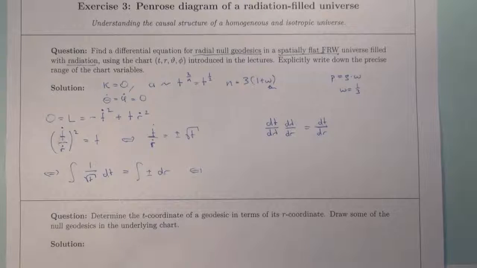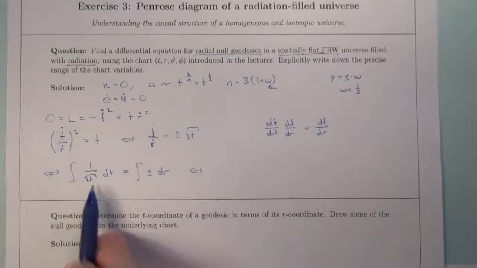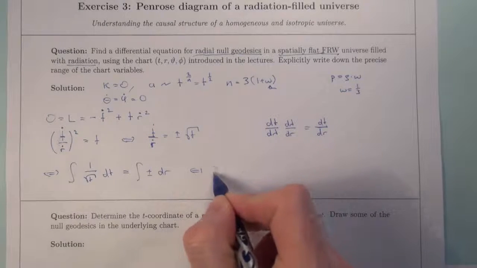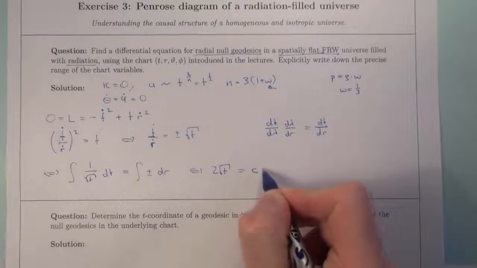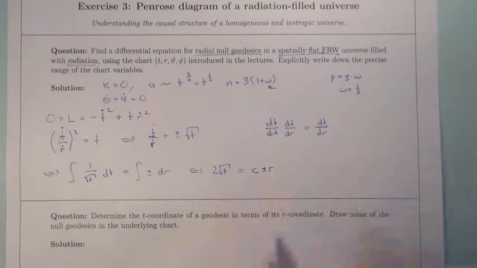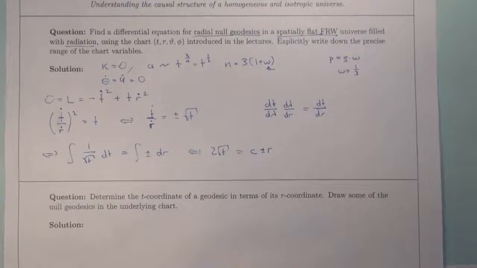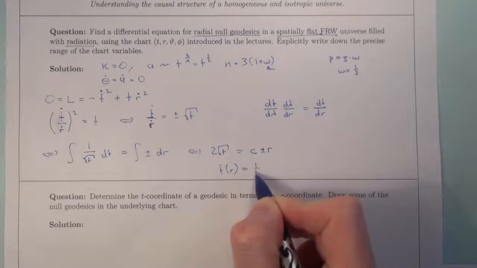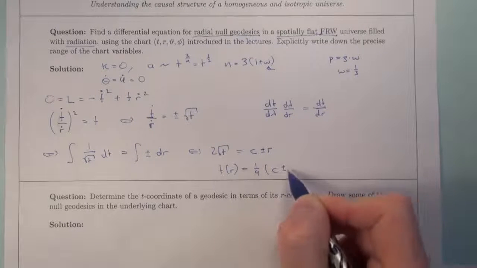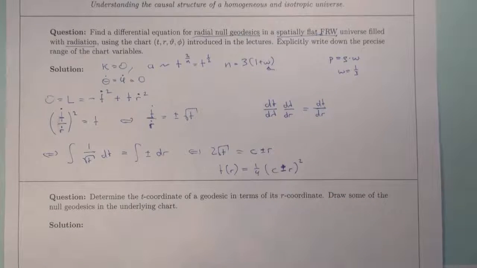You get one integration constant because we integrate once, and on the left hand side we get twice the square root of t, and on the right hand side we get c plus minus r, where c is a constant. Now we can divide by 2 and square the whole expression, and we get t of r equals 1 over 4 times (c plus minus r) squared.